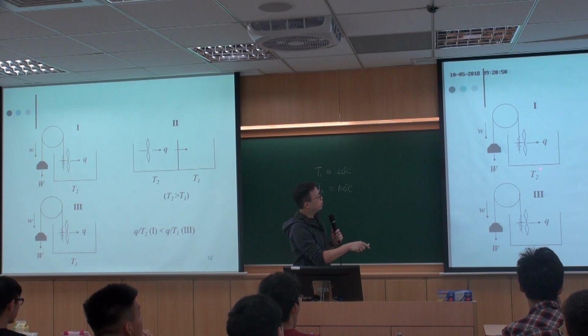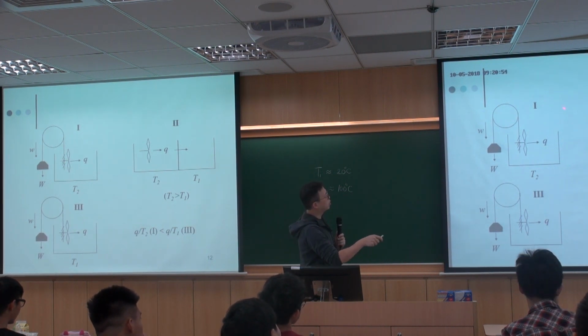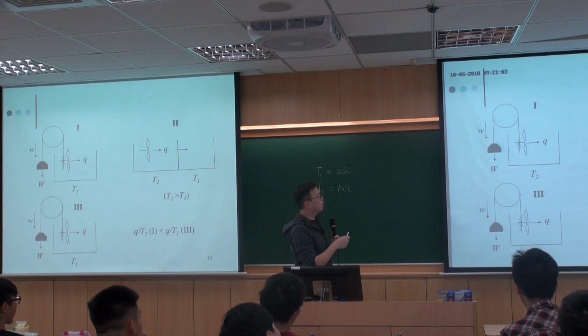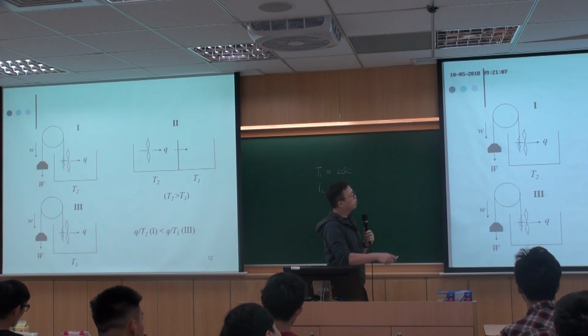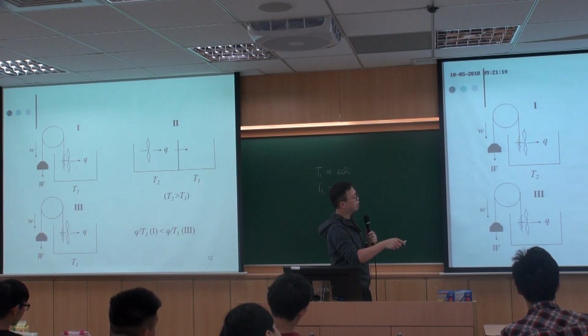And later on, after a short amount of time, this system will go through a different process, process number 2. And this process is a little bit, I would say, simple. The heat will be further transferred to another heat tank.